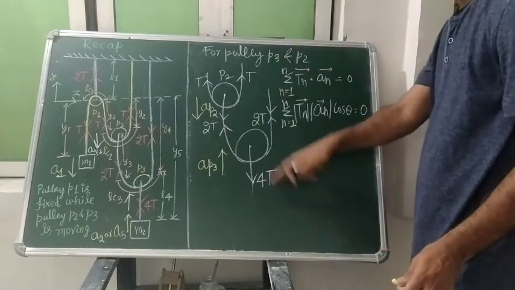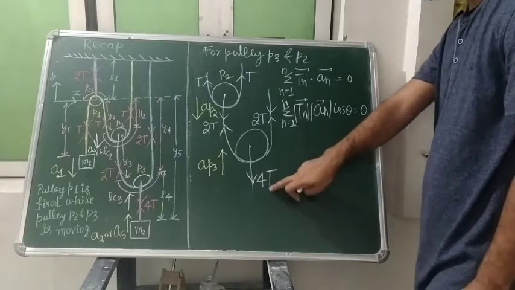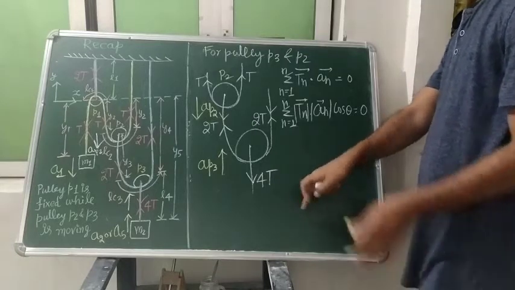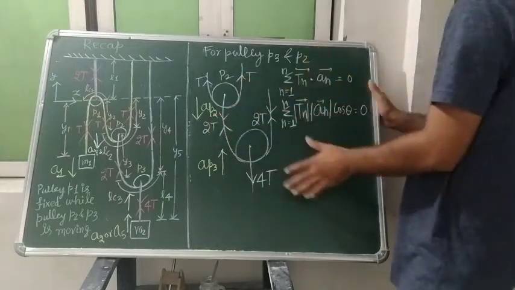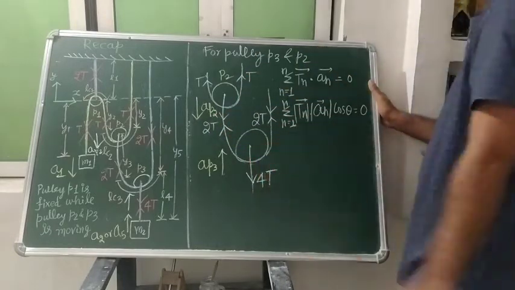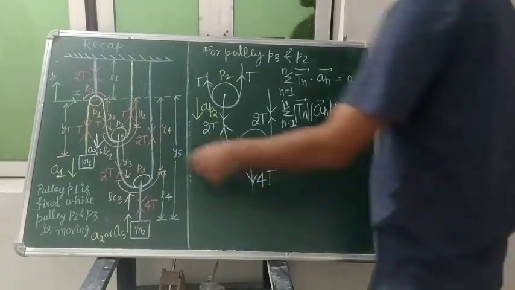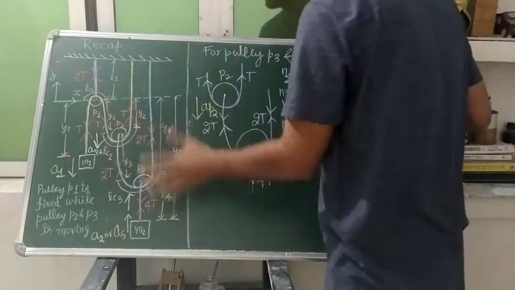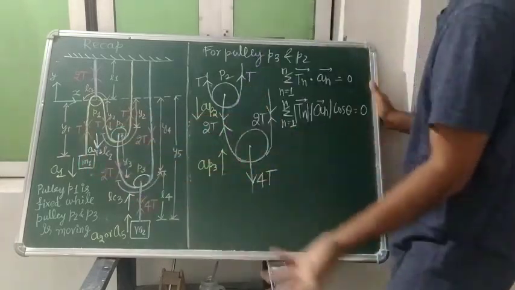For pulley P3, the total tension is 4T. So I want to say to you that for this relation, our object of interest will become this. And when you select M1 and this pulley, your object of interest should be pulley P2, not this. Otherwise, what will you do?